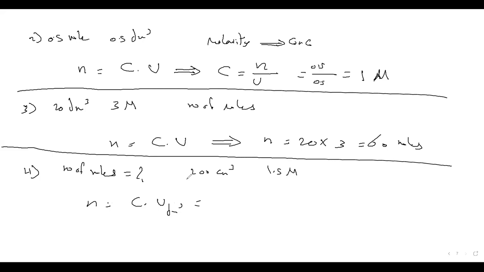So it equals concentration 1.5 multiply 200 over 1000. Why over 1000? To be decimeter cubed. 1.5 multiply 200 over 1000 equals how much? 0.3 moles. Okay.